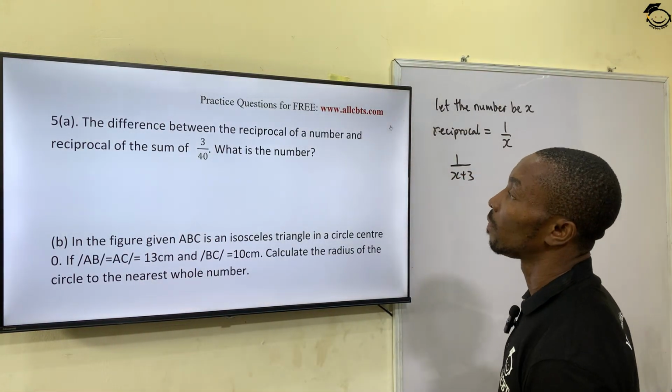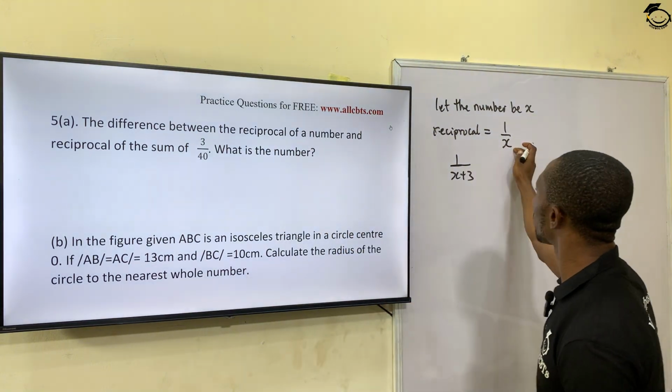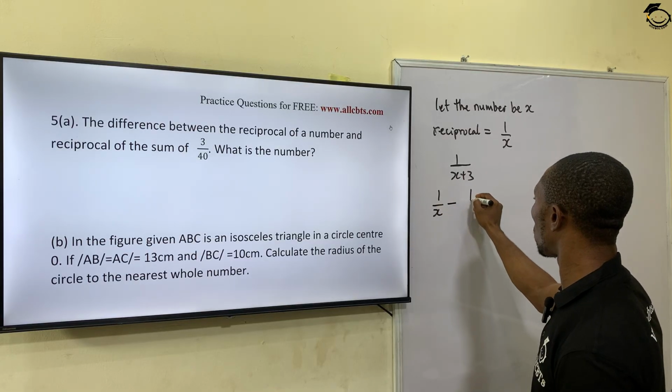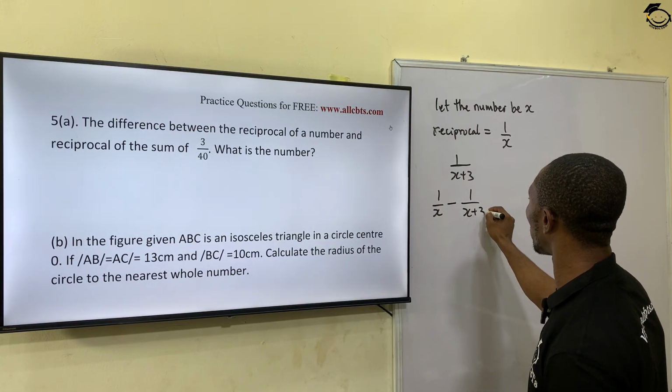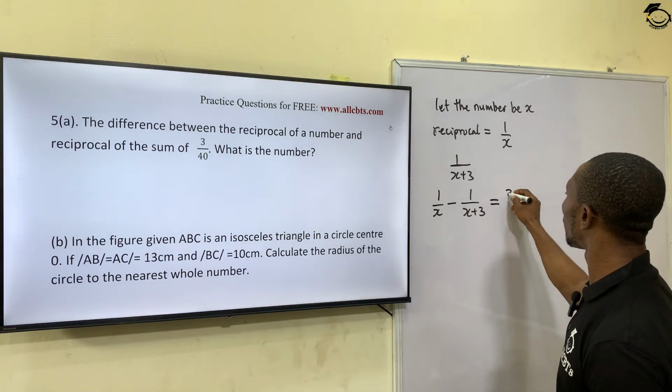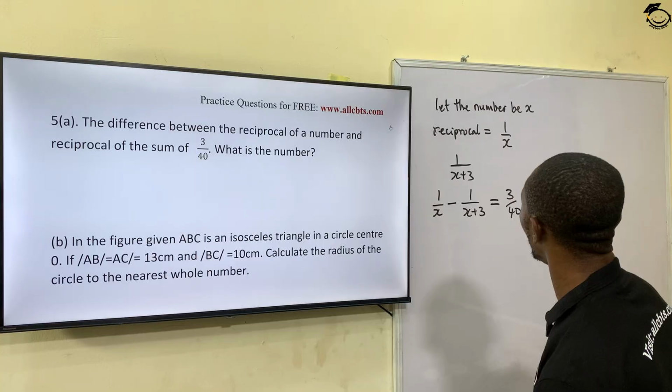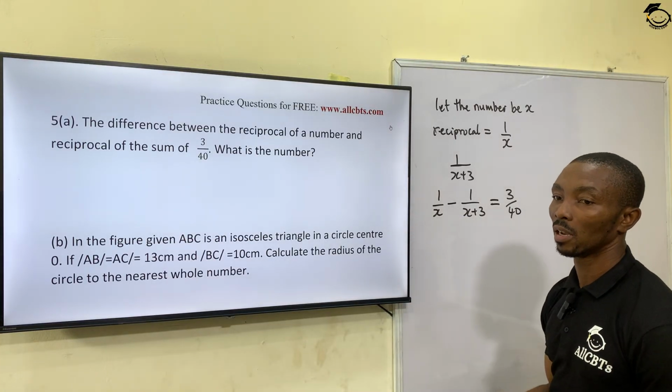Now they say the difference between this reciprocal and this is 1 over x minus 1 over x plus 3 will give you 3 over 40. So we are asked to find the number, which is, we are asked to find x.